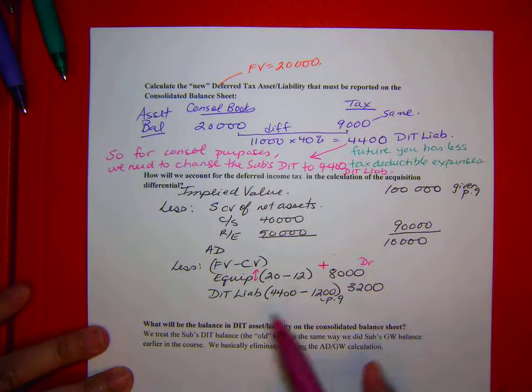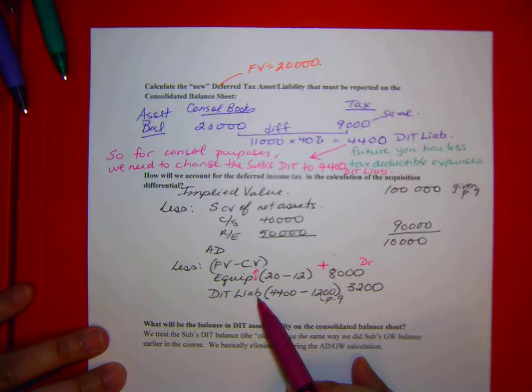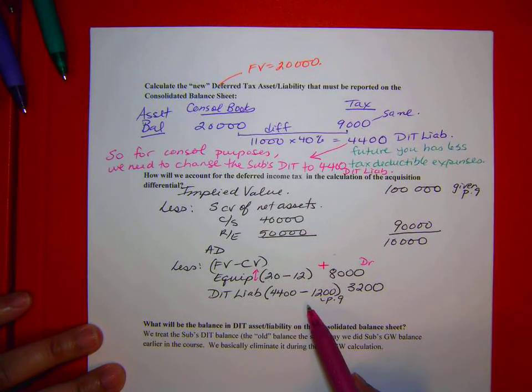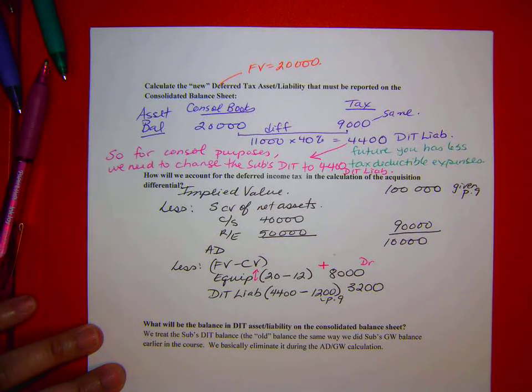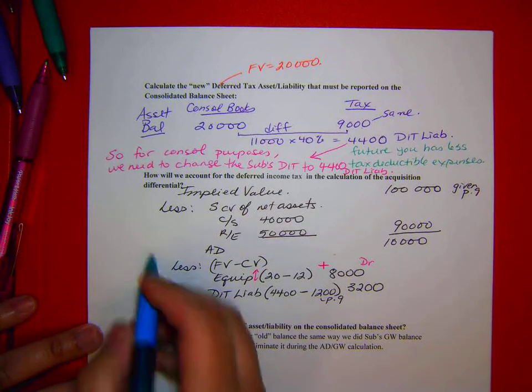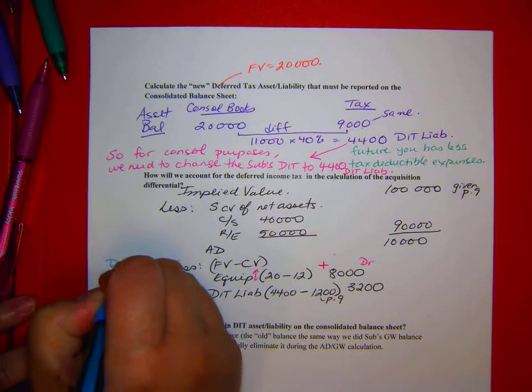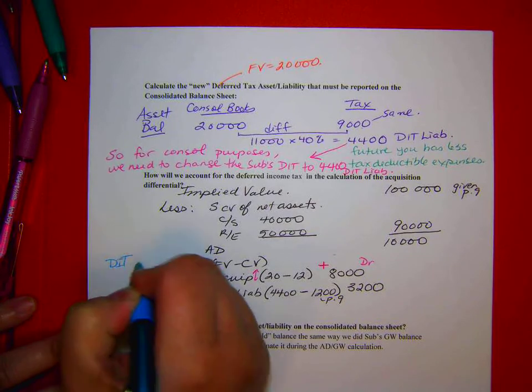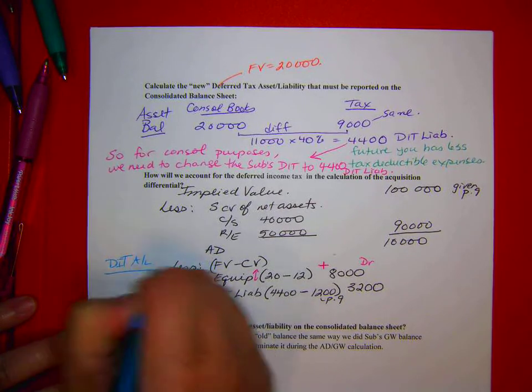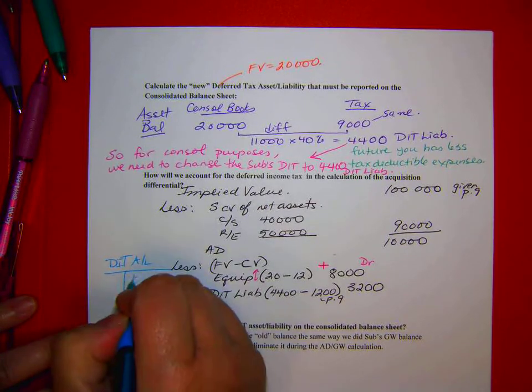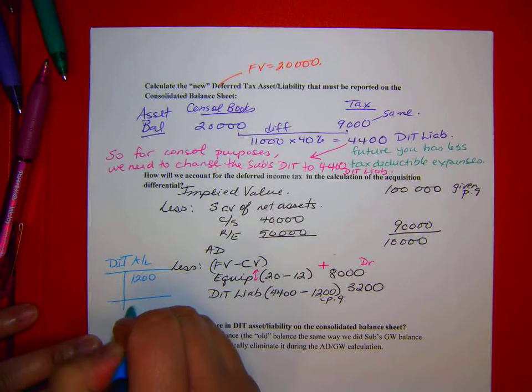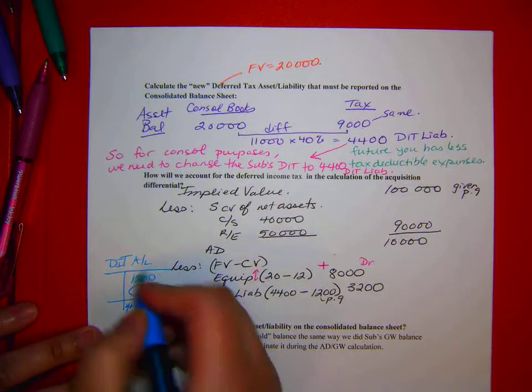We're making the liability go up. Is it going down? What? You can calculate a little T account if you want. So DIT, asset or liability, started with 1,200. Its balance should be 4,400. So how much do we have to change it by? 3,200.